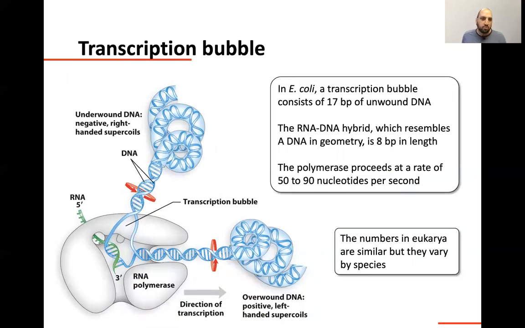So the transcription bubble looks like this. We've got nucleic acids here. We're putting our RNA polymerase here. What you may have noticed on the last slide is that the RNA polymerase looks kind of like a claw. And so we've got the pinchers on this end here. The pinchers are facing in the direction of transcription.